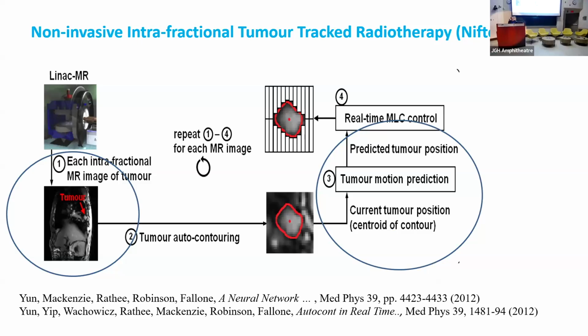Once that's in, all that software is brought into the real-time multi-leaf collimators, which are a bunch of little thin tungsten leaves that shape the radiation to that of the tumor. By moving these leaves up or down, you follow the tumor, and you do this continuously. Nice problem to solve overnight.